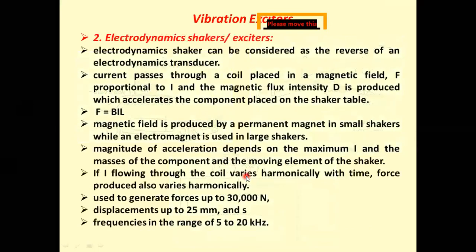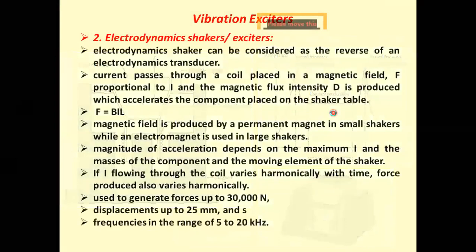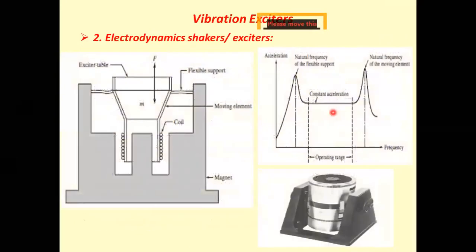Now next, we are going to see the next exciter, which is called the electrodynamic exciter. So the schematic diagram for this electrodynamic exciter, or shakers also known as electromagnetic exciters, is shown in this figure.